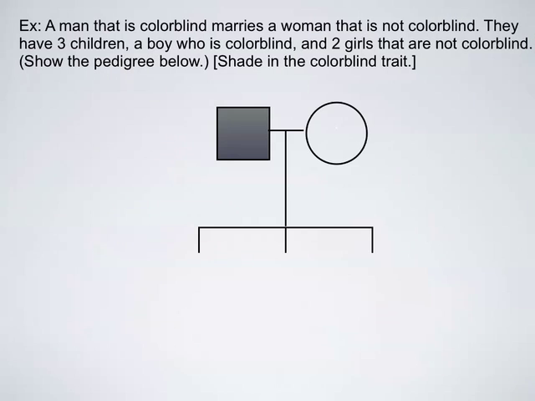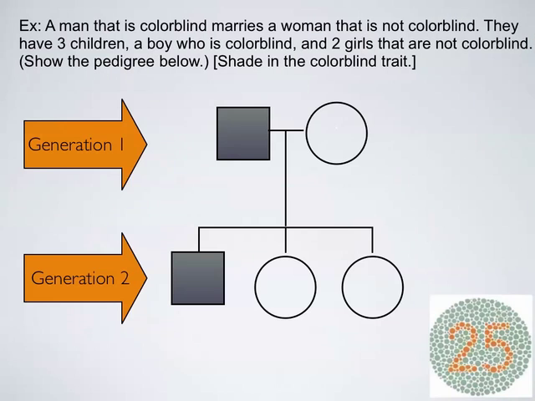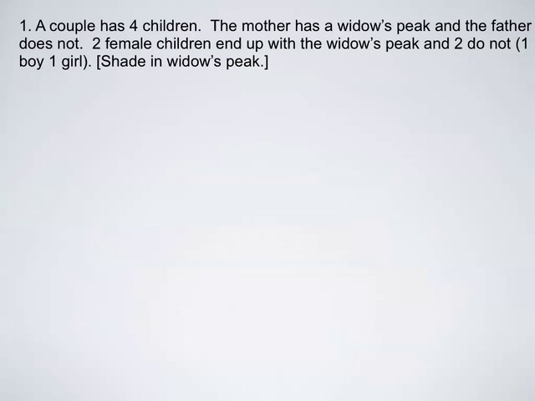All right. So let's do another example here. We will get a little more complicated. All right, couple has 4 children. Mother has a widow's peak. Father does not. There's 2 female children with the widow's peak. 2 do not. Draw the pedigree.